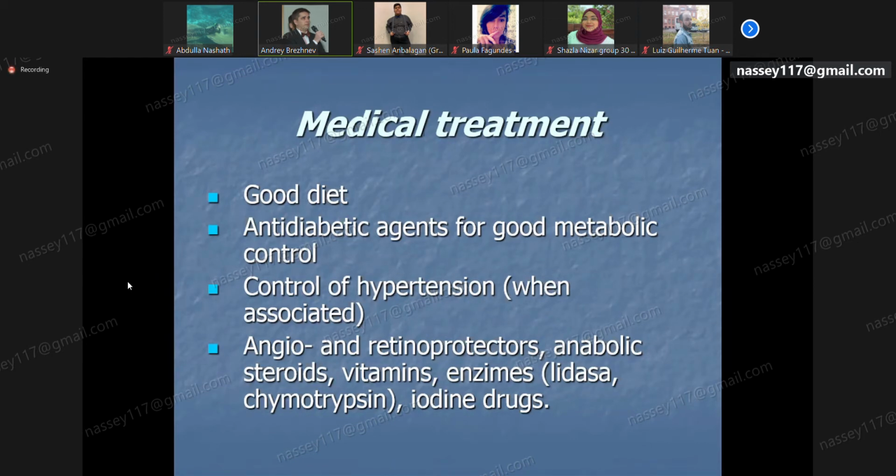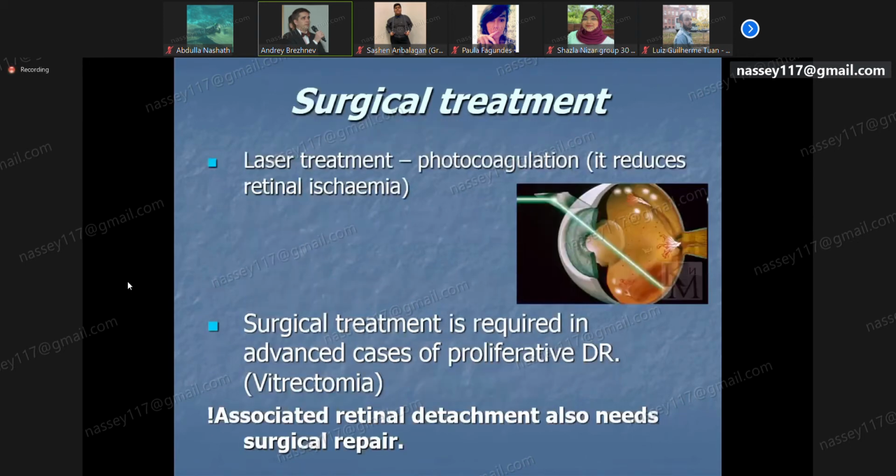And local treatment in form of vitamins, enzymes which can increase the speed of resorption of the blood, different types of so-called angio-retina protectors in attempts to prevent the neovascularization and development of connective tissue on the surface of the retina.